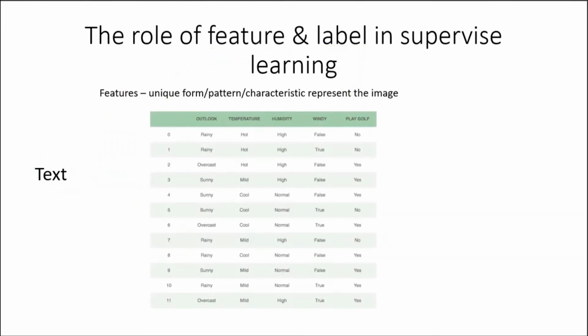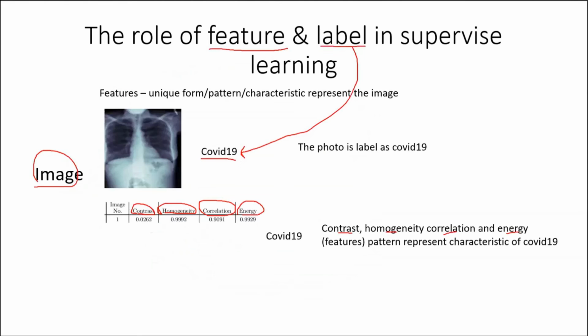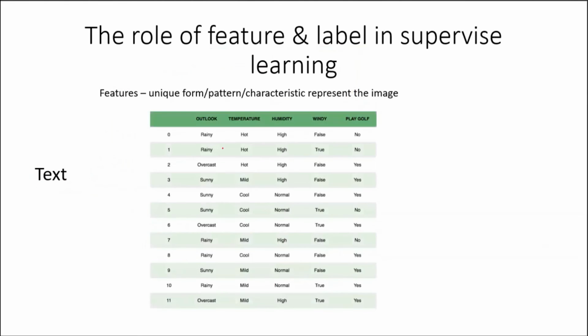And text. This is about text. You can see the difference. This is the image. This is a text. So what is the label here? Anyone? So this is the label, okay?